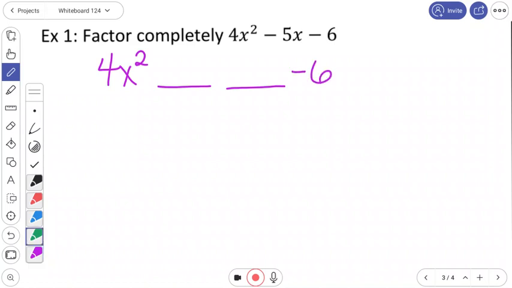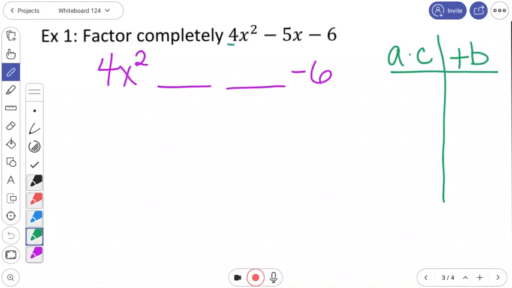The next step, we're going to make a chart over here. And we need to multiply together a times c. We're going to find the factors of a times c that combine to give us b. So looking at our quadratic expression, a is 4, c is negative 6. 4 times negative 6 is negative 24.